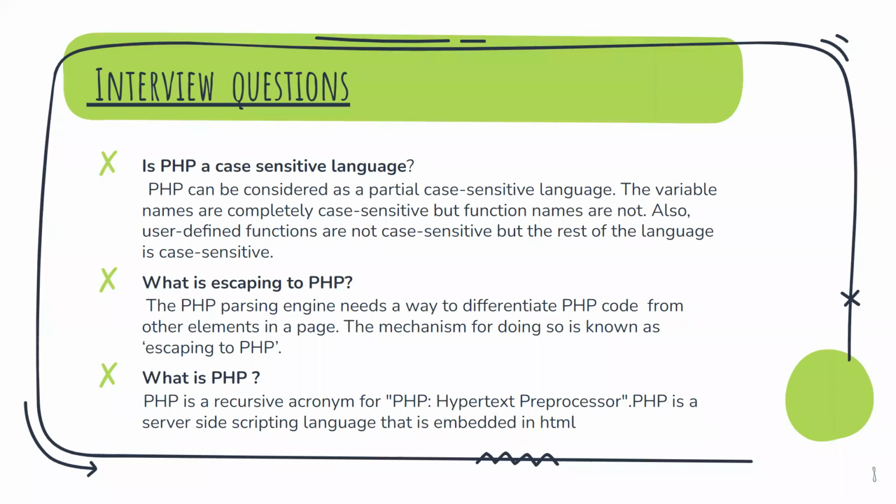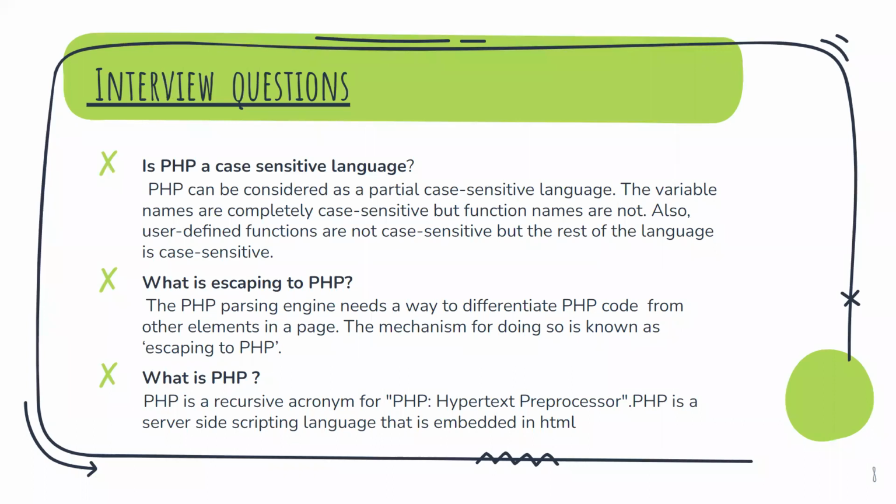And the other one is, what is escaping in PHP? Like I mentioned, PHP can be included in an HTML file. So how do we basically distinguish an HTML element from a PHP element?